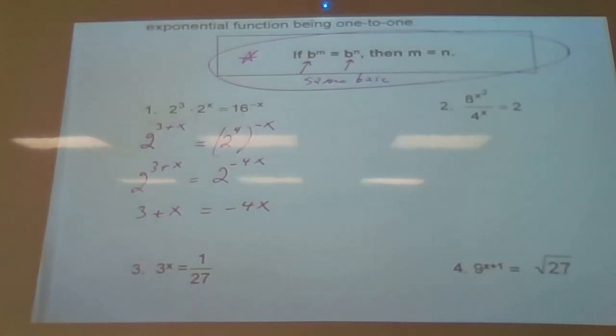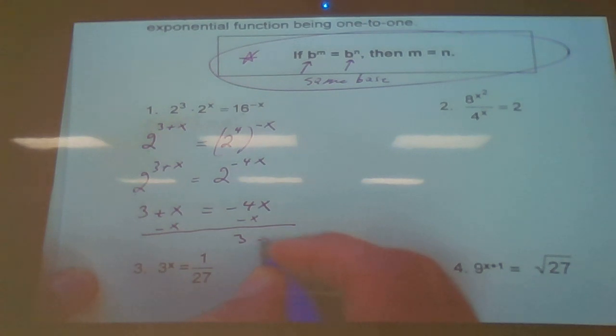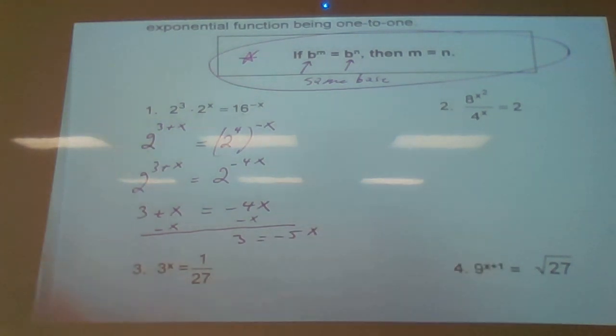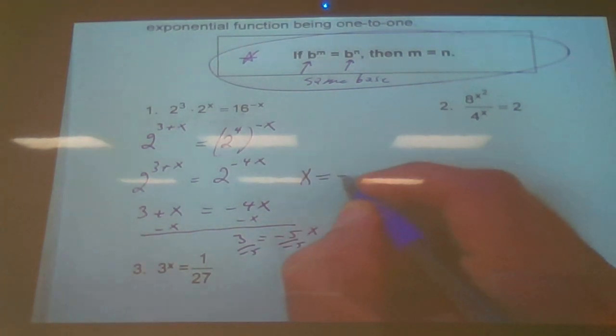Then I'm going to finish the algebra. I can bring this x over. So what I have here is a 3 equal to negative 5x. And I'm going to divide by negative 5. So the answer to this problem is x equal to negative 3/5.